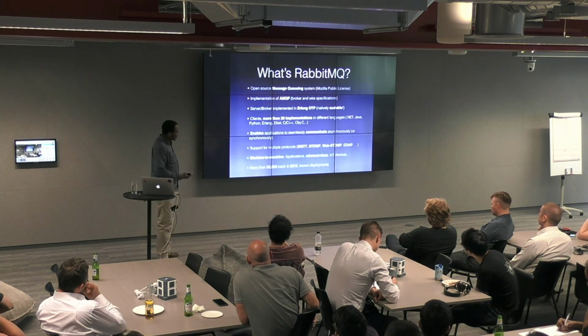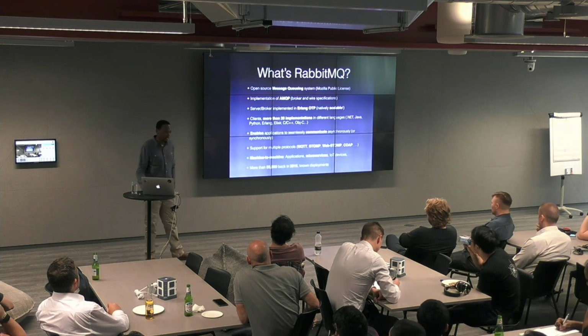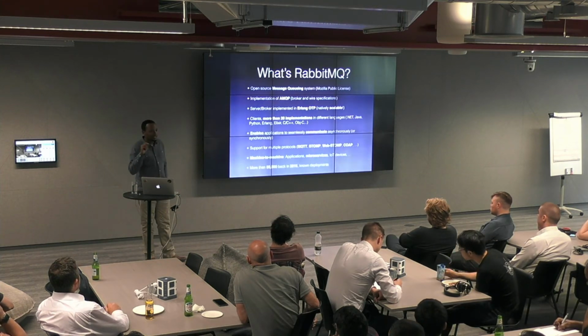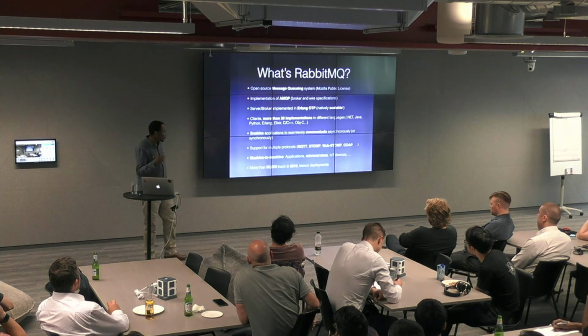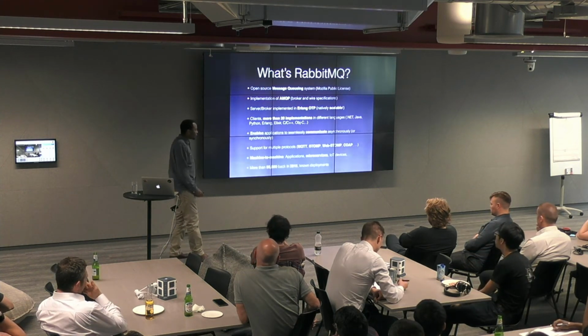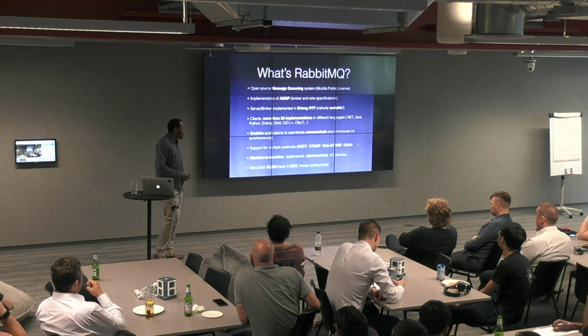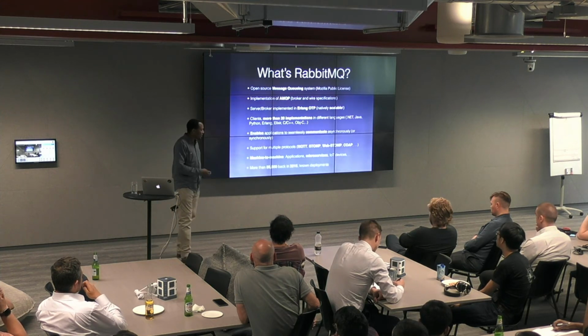Rabbit enables applications to seamlessly communicate asynchronously or synchronously, depending on the design pattern you're going to take up. There's also support for multiple protocols, like MQTT, Stomp, WebStomp, which is basically Stomp over WebSockets, and constrained applications protocol.